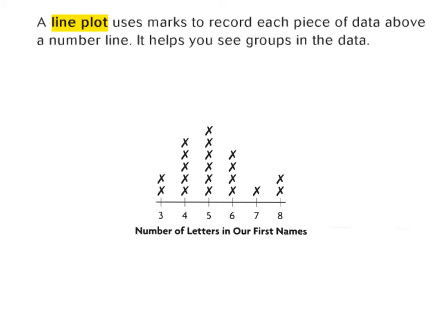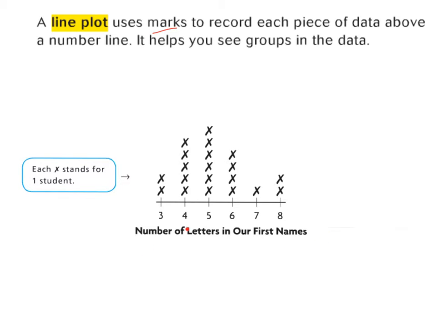Here's a line plot that shows the data of the number of letters in our first names. So in this line plot, the marks that we are using to record each piece of data is an X. Each X stands for one student.